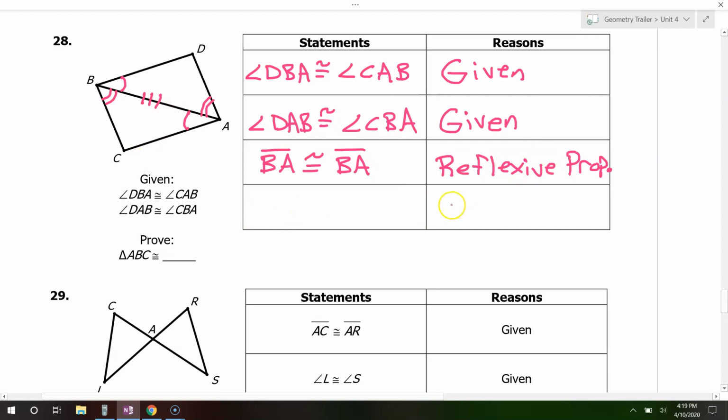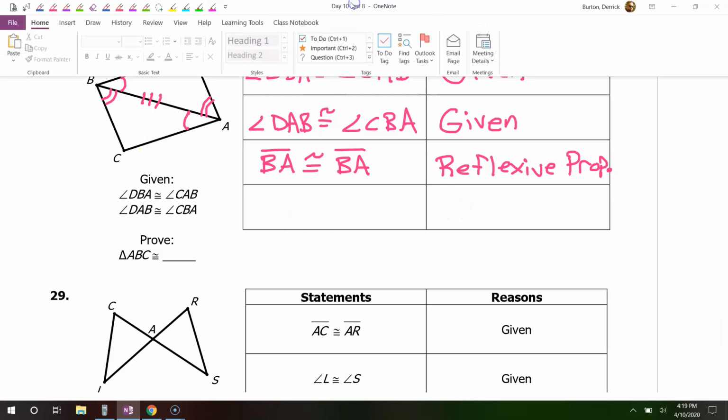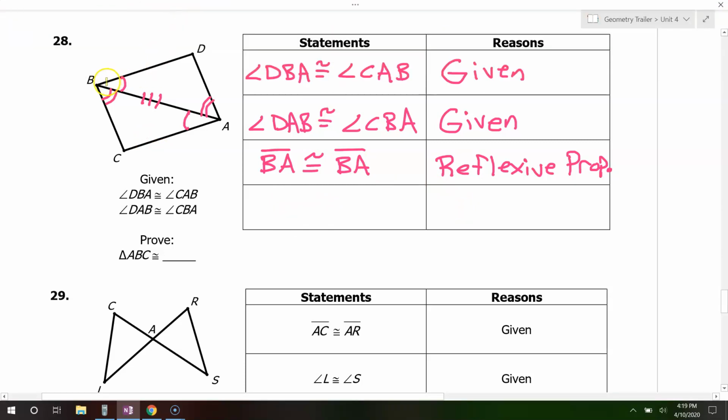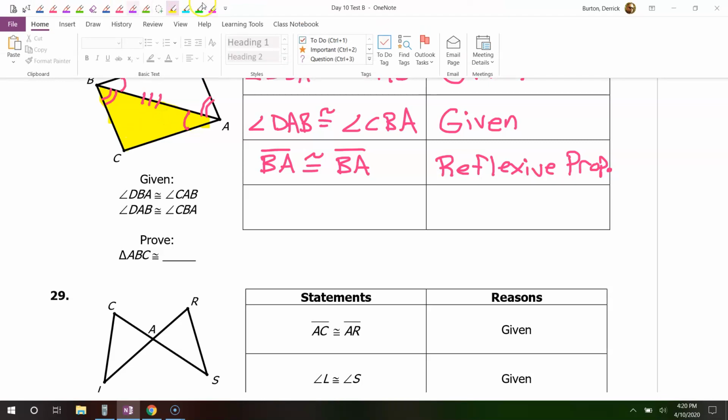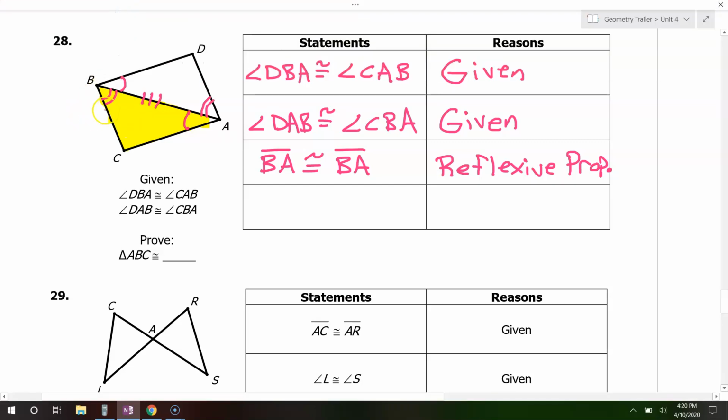Now it's time to prove that the triangles are congruent. We're at the last line. Here's where I encourage you to focus on one triangle at a time. Okay, so triangle ABC is right here. So let's just focus on that triangle, ABC. All right, so looking at the yellow triangle, what do we have marked?